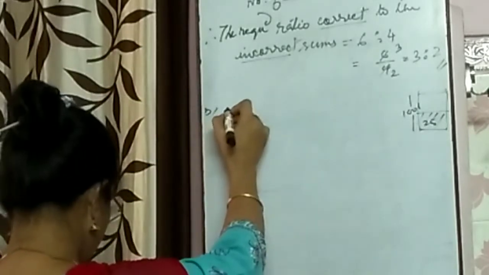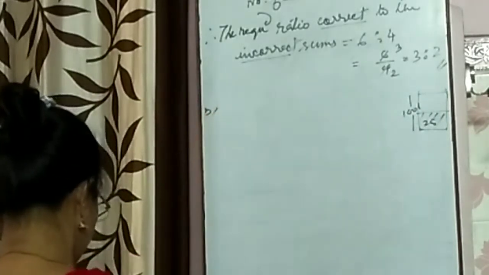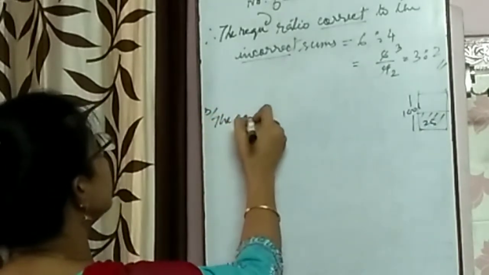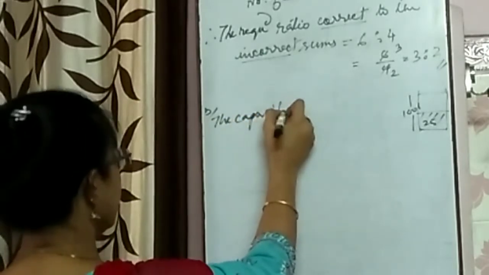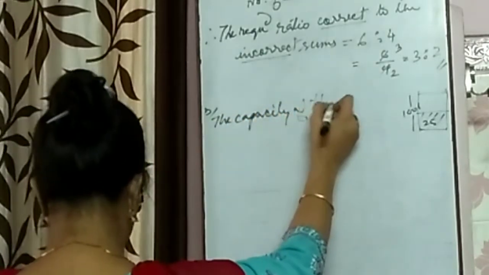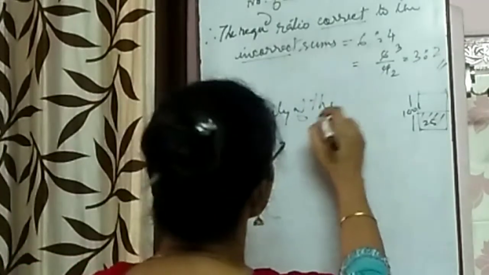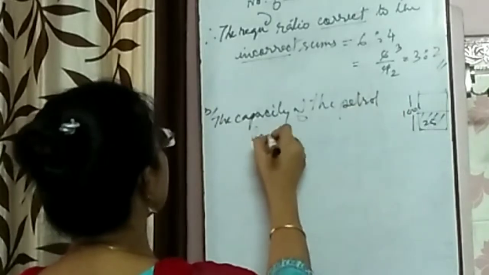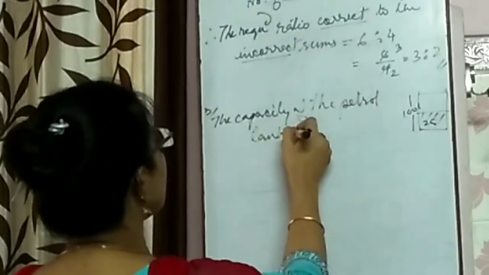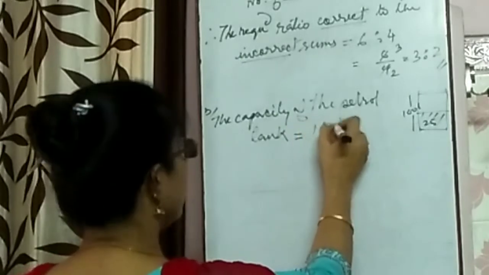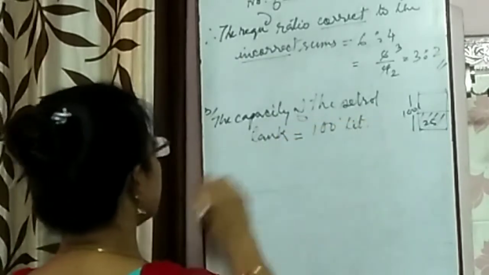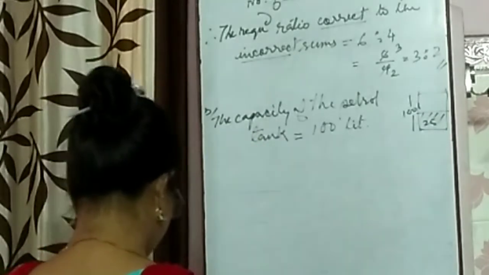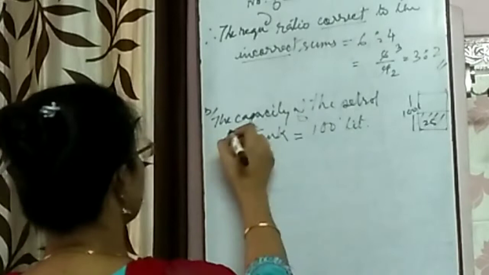So in question number 1 you write, a petrol tank has a capacity, the capacity of the petrol tank is equal to 100 liters, total capacity.